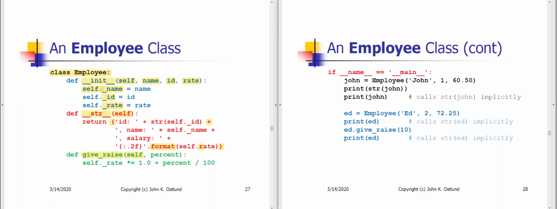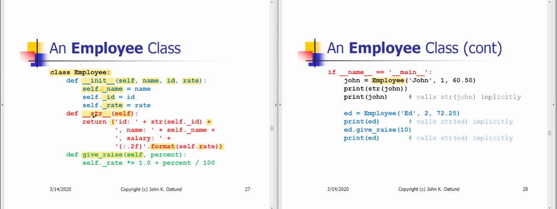So we're going to create an employee object named John with ID number of 1 and hourly rate of 60.5. Okay, so the init function will be invoked for this employee object, and the employee object is then going to be referred to by this variable John with the lowercase j.